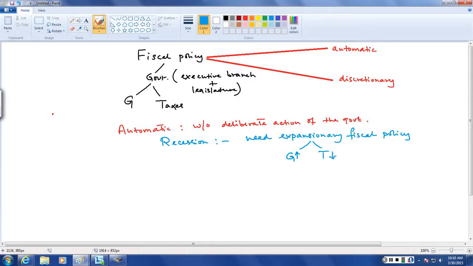This is what is required in a recession. This is the kind of fiscal policy that is required, correct? Now, this or some of this happens automatically, and let me tell you how. A large part of government spending consists of what are called spending on income support programs.